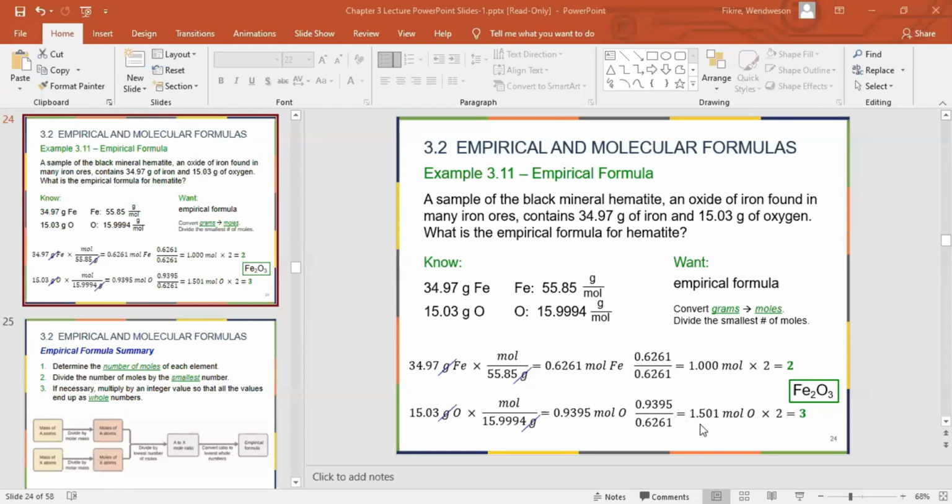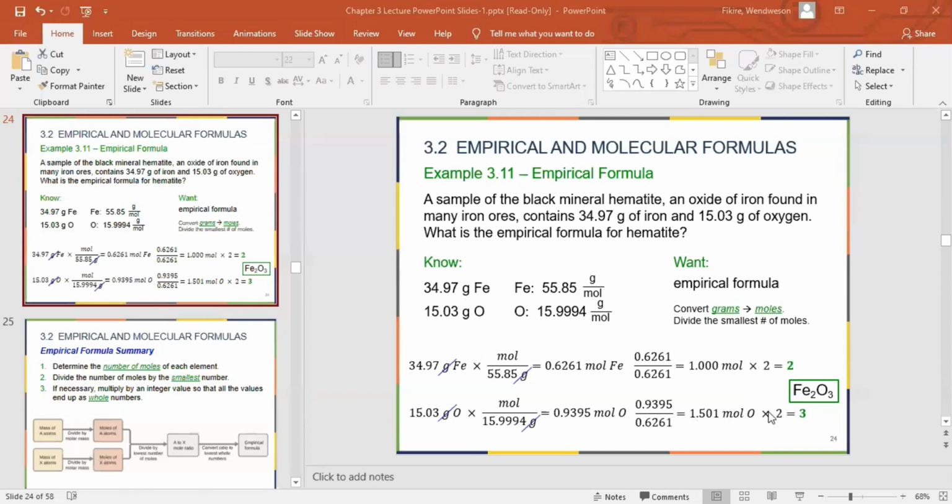So this number, 1.5, cannot be used as a subscript because it's not an integer, it's not a whole number, it's a decimal number. So you have to come up with a number that can convert both mole ratios into whole numbers.